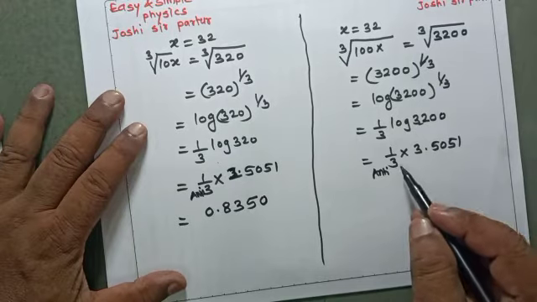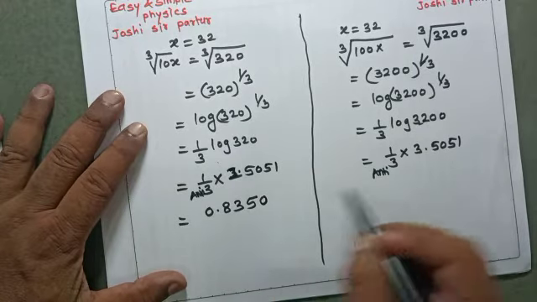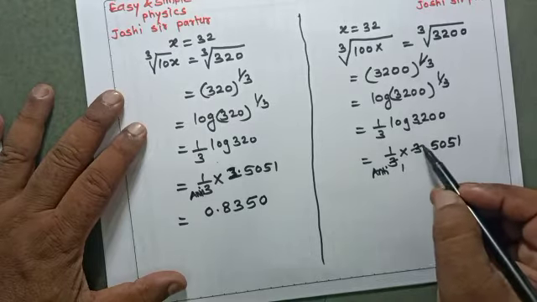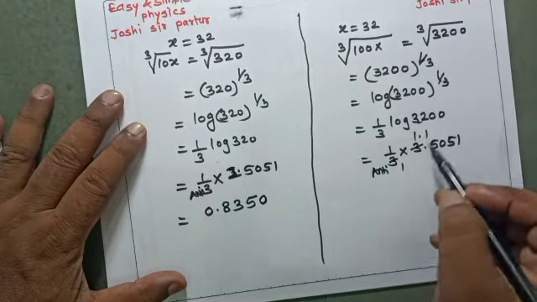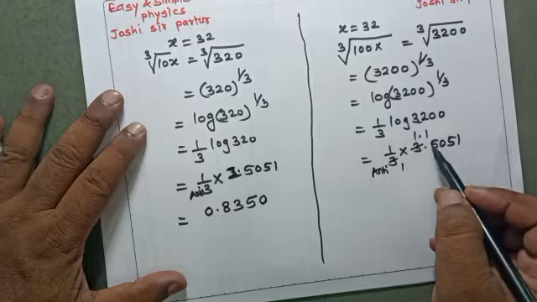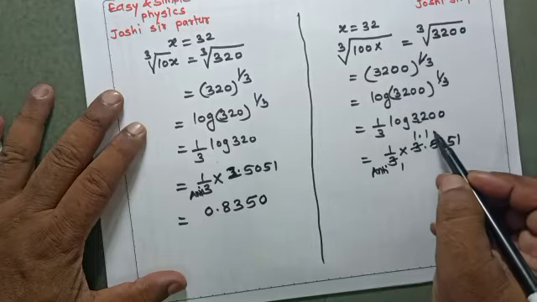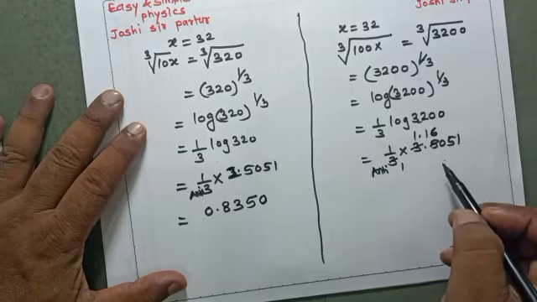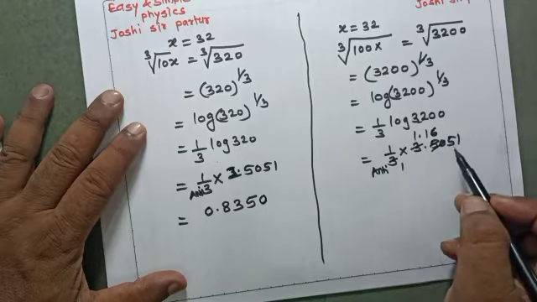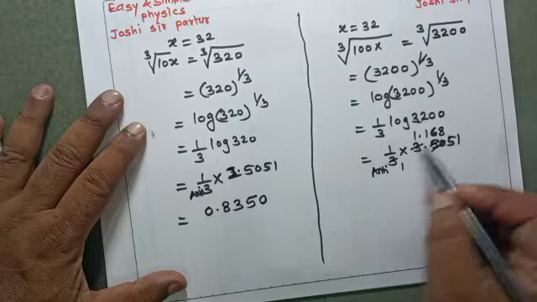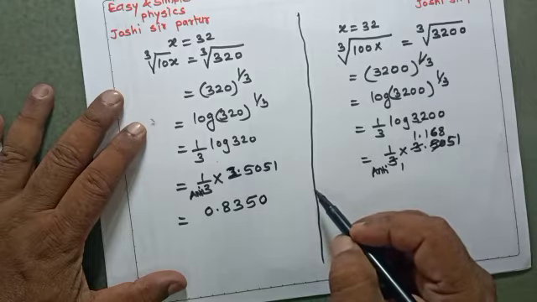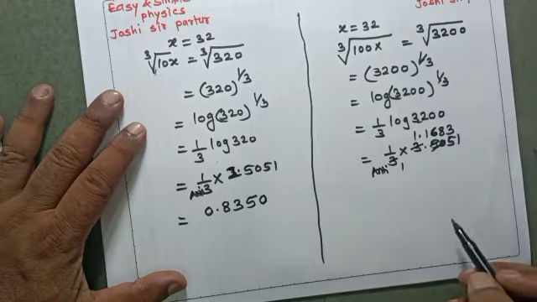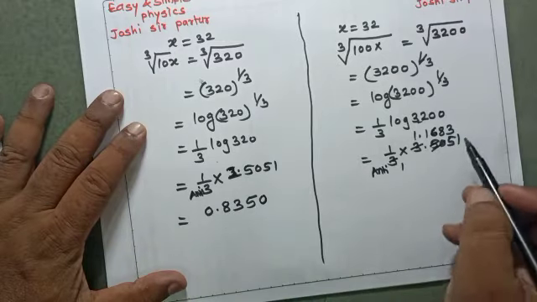If we divide by 3: 3 1 the 3, point 3 1 the 3, 2 is remaining, 20 is there, 3 6 the 18, 2 is remaining, 25 is there, 3 8 the 24, 11 is there, and 3 3 the 9, 2 is remaining.